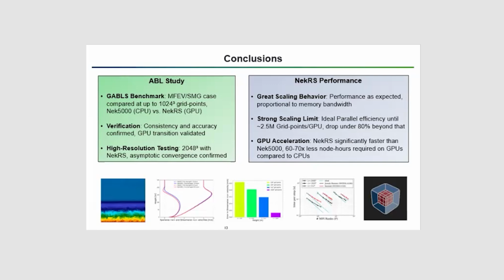And we can see that by comparing the blue and the red line, that NekRS is about 2.5 times faster than NEK5000 on the same exact case with the same exact CPUs. But also, more importantly, that by comparing the black and the red line, that NekRS on GPUs is significantly faster, which resulted in about 60 to 70 times less node hours required on GPUs than on CPUs.